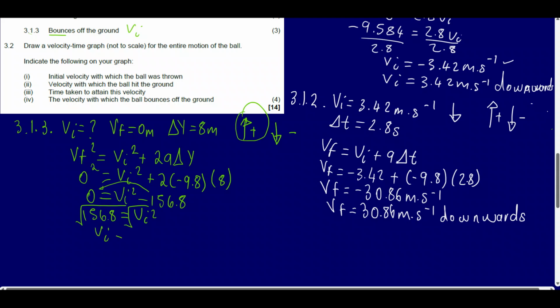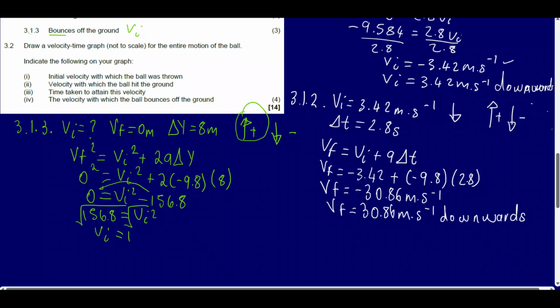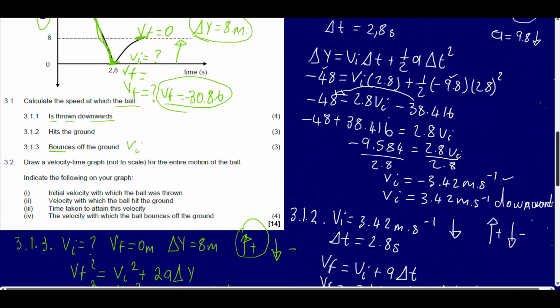Introduce the square root, guys, don't forget the square root, and then the Vi here is just going to be the square root of 156.8. And I think your answer there for the initial velocity, which is the velocity that it's going to leave the ground with, is this. This is the actual answer.